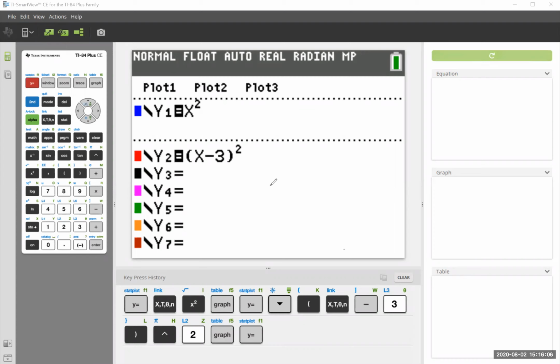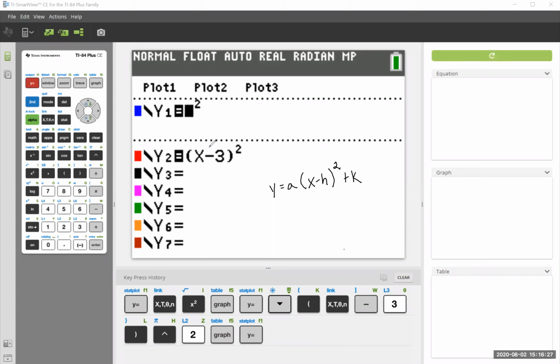So we could rewrite this as y is equal to a times x minus h, and instead of those absolute value symbols, I'm going to use parentheses and write that square in there to talk about a quadratic function now, plus k. It's the same idea. The subtraction sign that you see in this general structure is pre-installed.